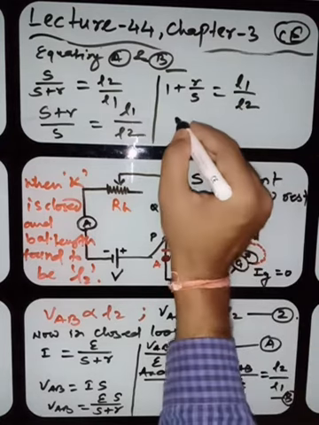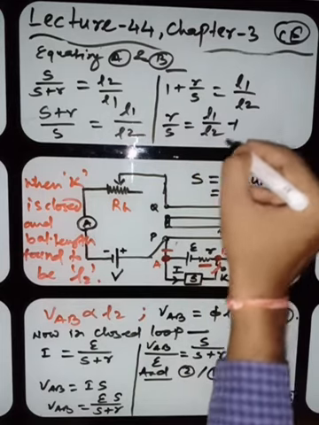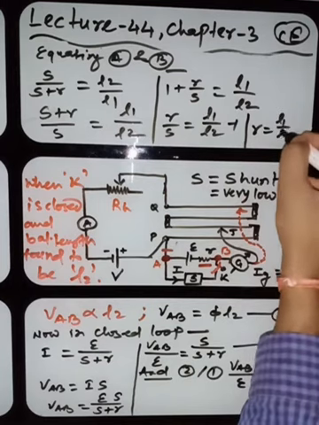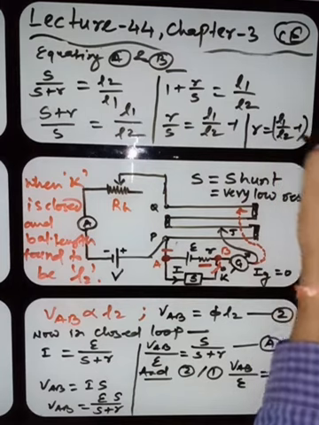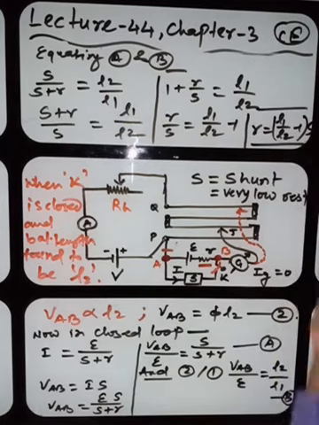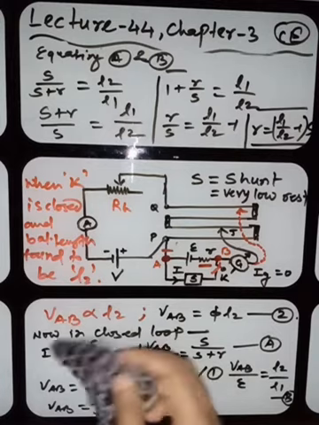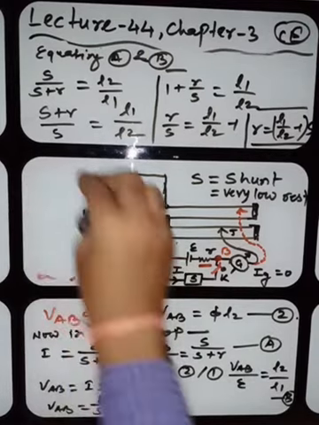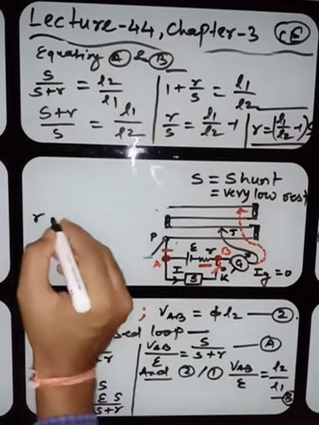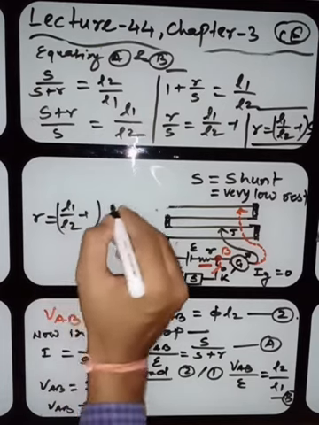So R by S equals L1 by L2 minus 1, and R equals L1 by L2 minus 1, times S. So this is the internal resistance. Kindly draw all these things. Here I can write the result: R equals L1 by L2 minus 1, times S.